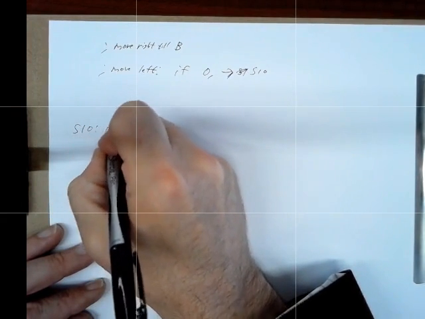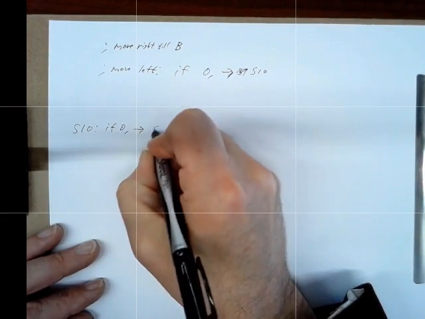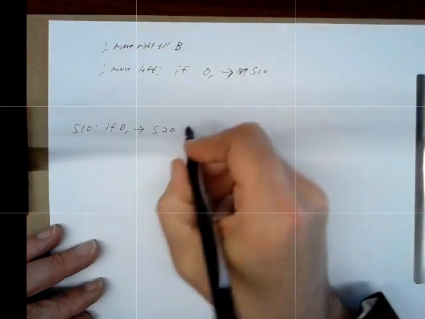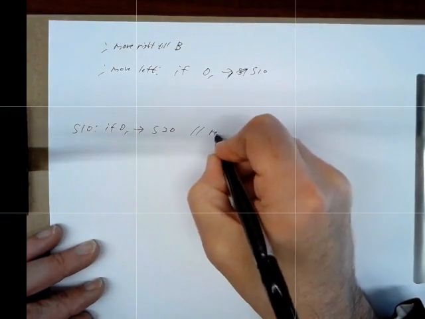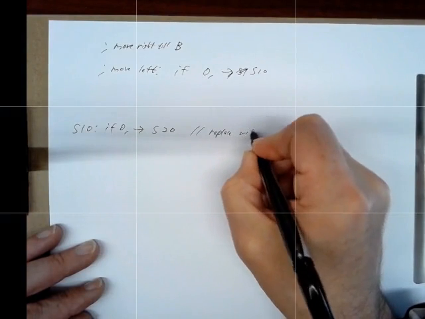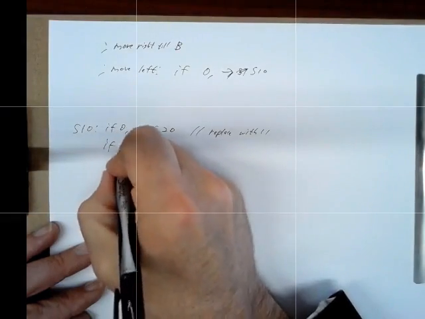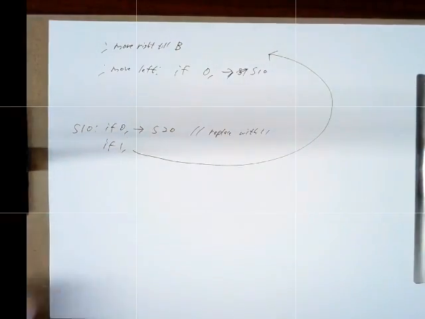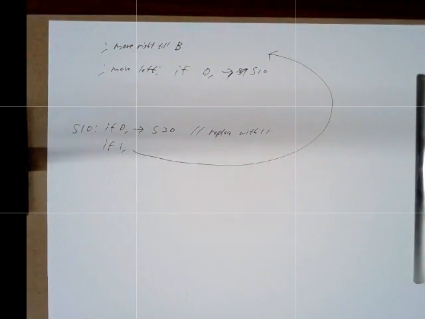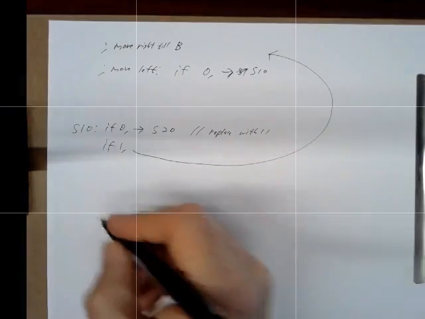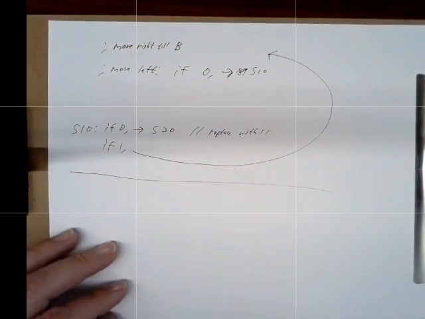In S10, if it's a 0, then we want to go to S20, which means replace with 1, 1. If it's a 1, you want to come back up here to where you're moving left looking for 2 zeros. So I don't have a really good way of designing these machines on paper. I don't have a flowchart mechanism that I'm fluent with, but that's my attempt at a flowchart.